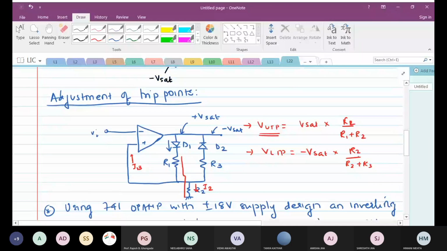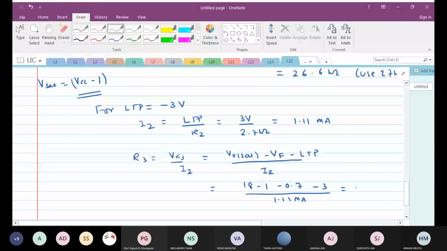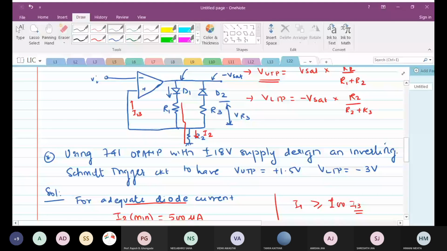This turns out to be 18 minus 1 minus 0.7 minus 3, divided by 1.11 milliampere. That turns out to be 12 kilo ohms. So you have found out R1, R2 and R3. This is the procedure for designing the Schmitt trigger with different values of trip points. Clear? It is a very simple procedure.